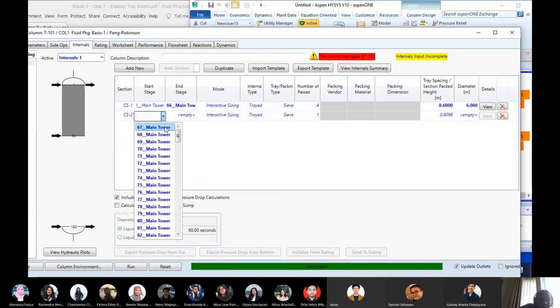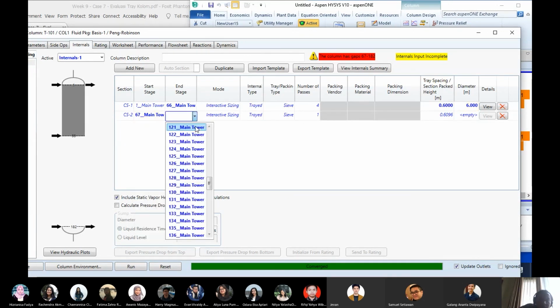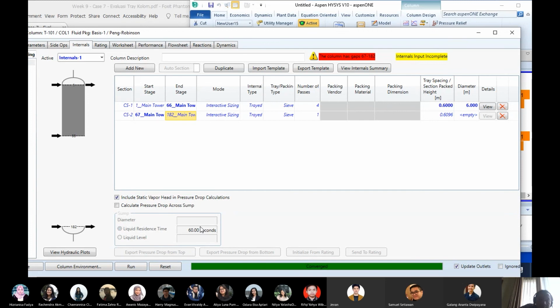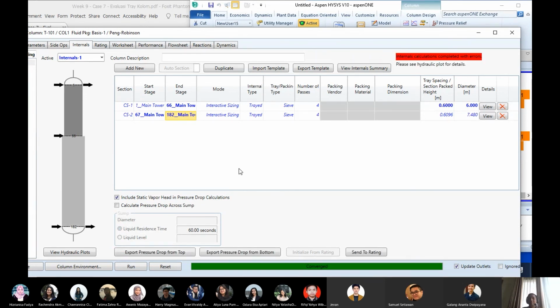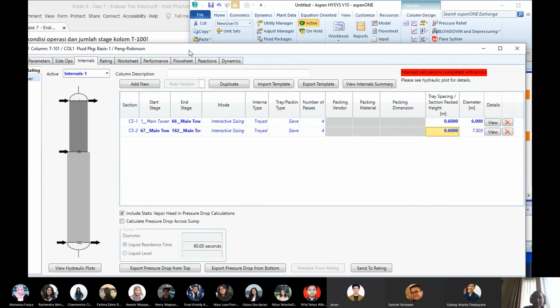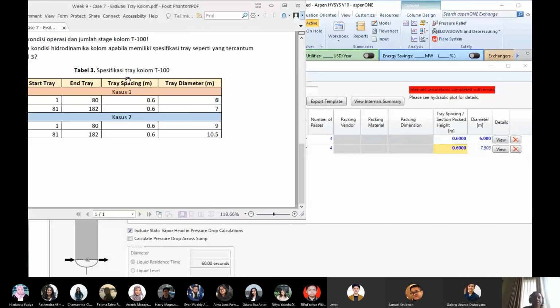I will attach from tray number 67 till the bottom, 182. Again, this one has 0.6 in terms of height, and the diameter will be 7 meters.